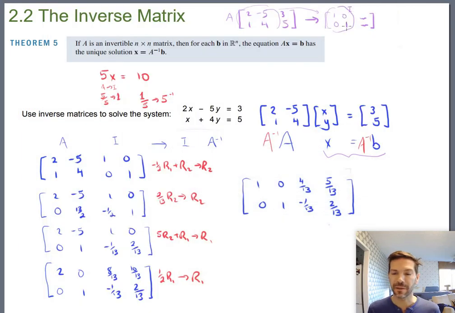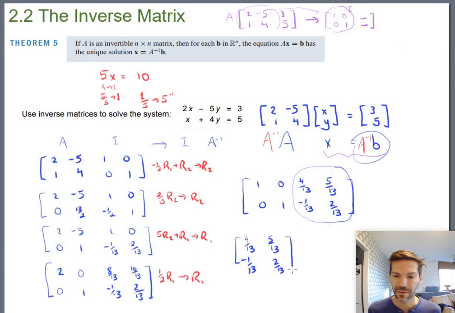Okay, all that to say that we have found the inverse. It's this chunk right here. And to get the solution to our system, we just need A inverse times B. So we just need to multiply 4/13, 5/13, negative 1/13, and 2/13 times 3, 5.